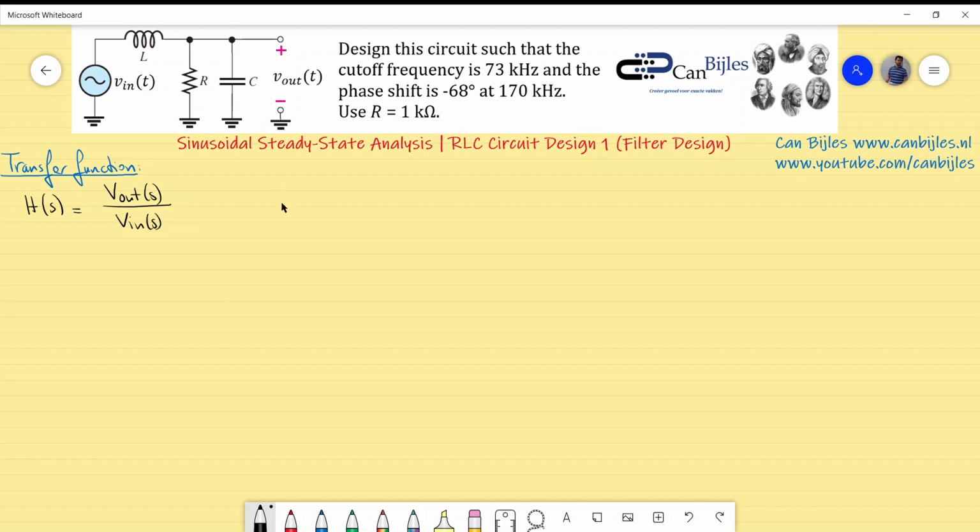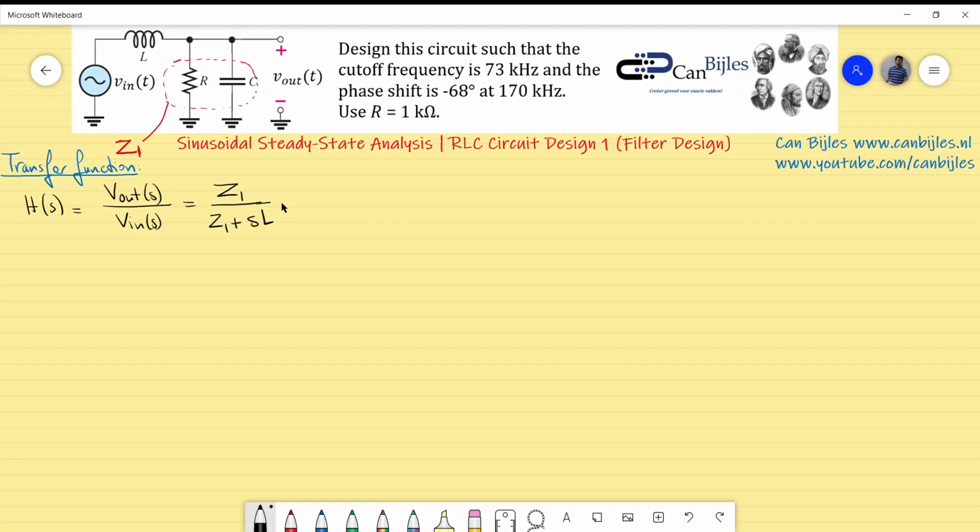Let's first designate this as a new impedance, which will be helpful. This combined impedance is designated as Z1. Using the voltage divider rule, this results in Z1 divided by Z1 plus sL, sL of course due to the reactance of the inductor in the Laplace domain.